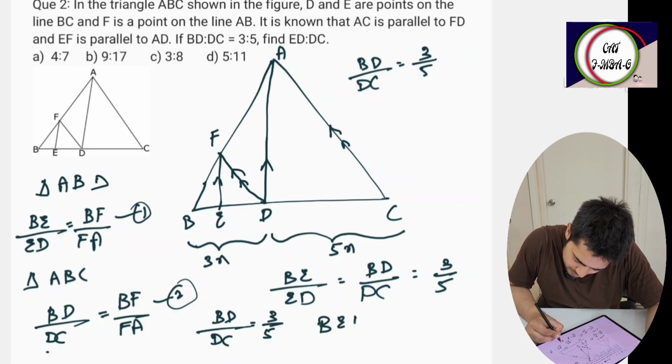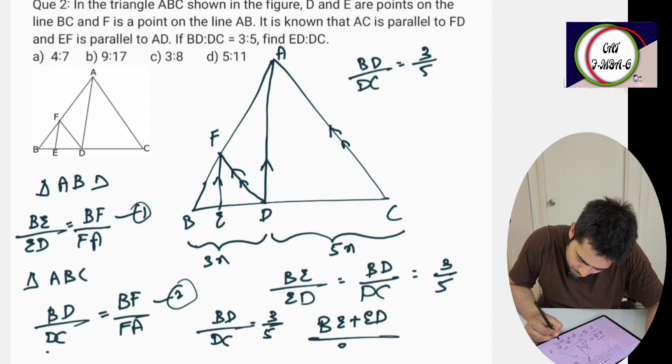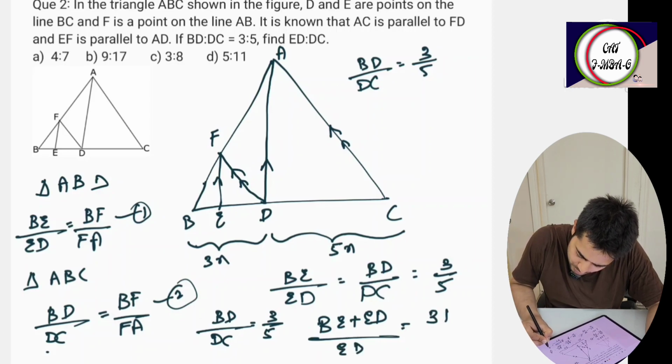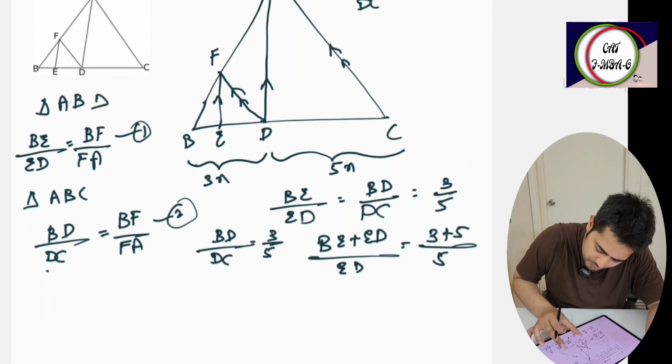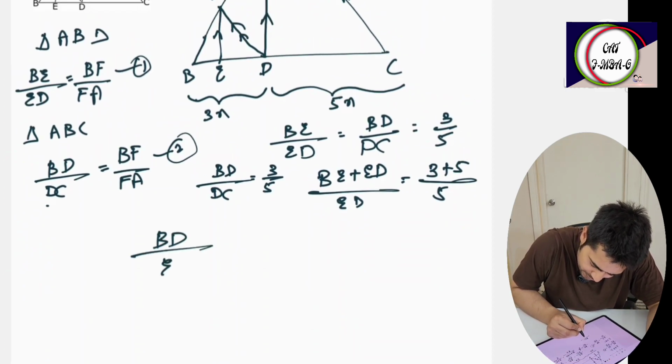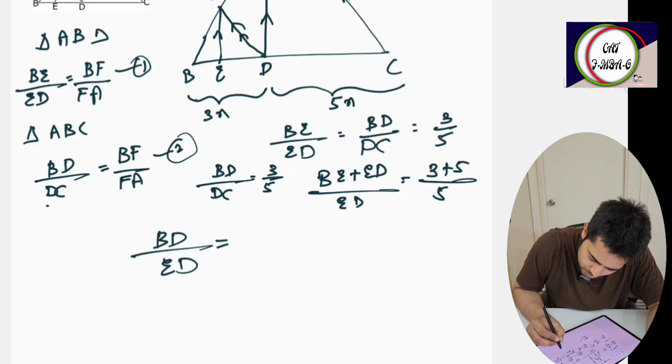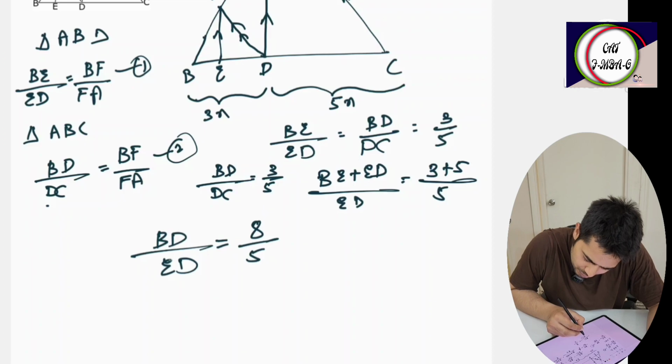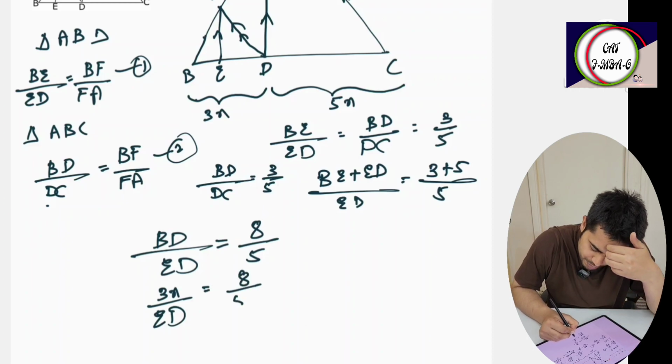So BE plus ED upon ED is equal to 3 plus 5 upon 5. So BE plus ED will be BD divided by ED is equal to 3 plus 5, which is 8, divided by 5. Now BD is 3x.